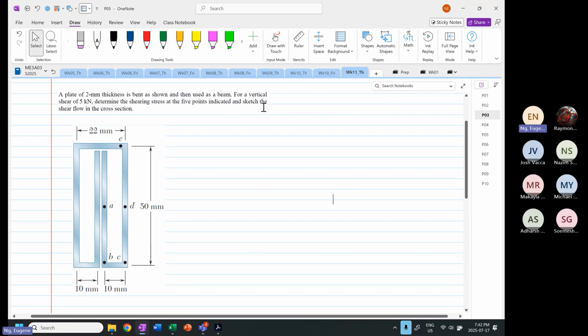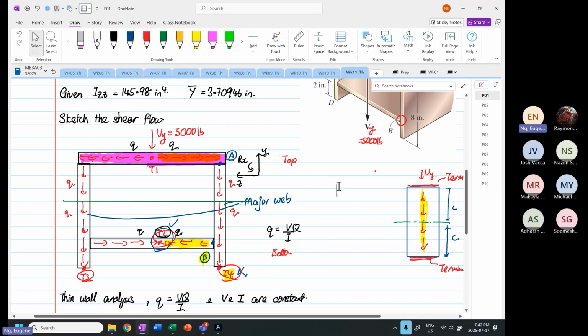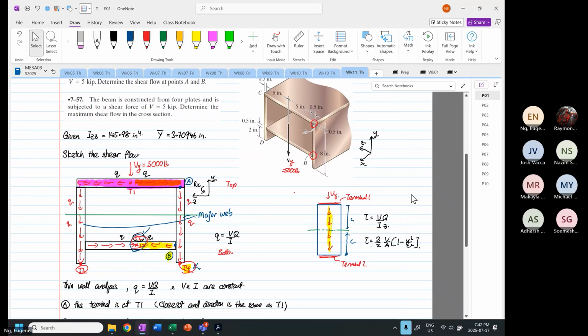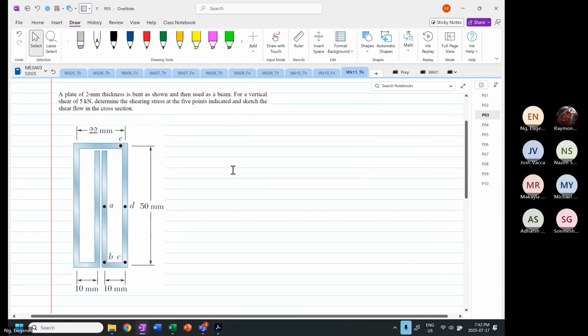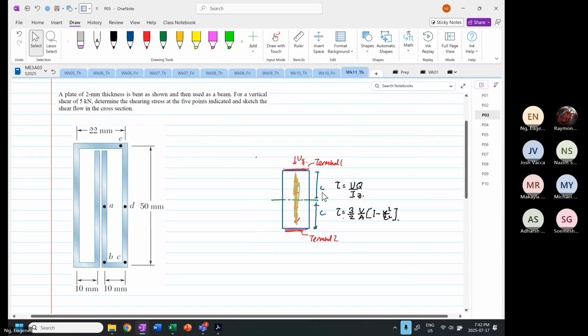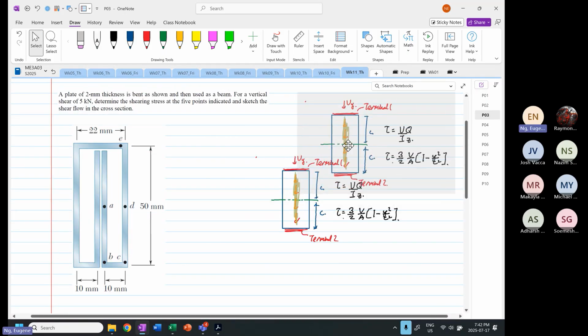Again, another thing I want to emphasize is this is the fundamental. It has to obey this fundamental rule. You cannot break this rule over here.